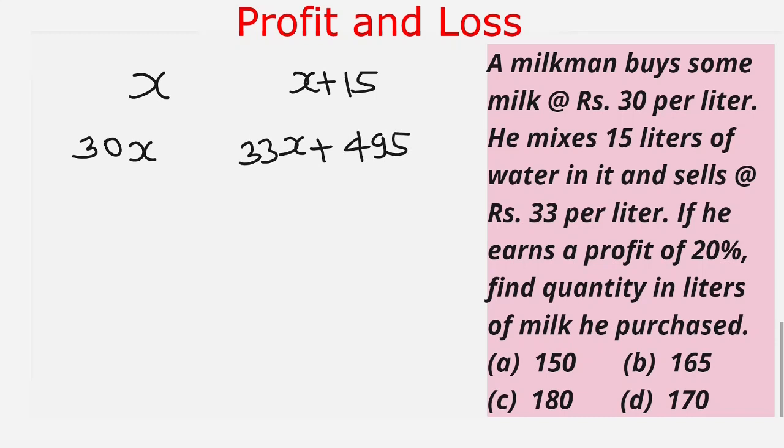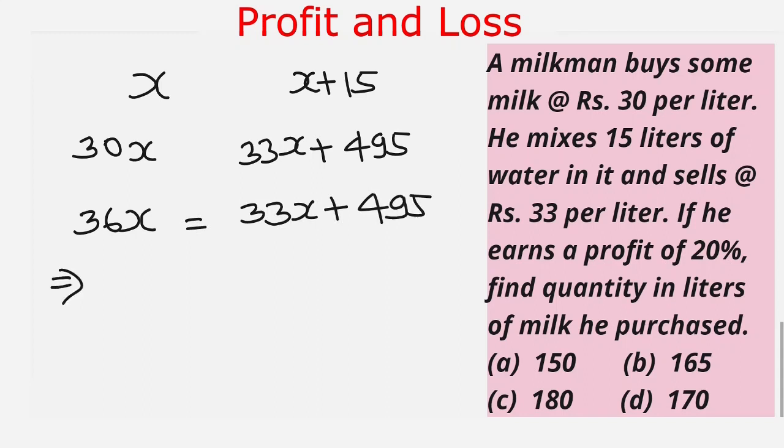Now it is given that he earns 20% profit in the entire deal. So if his cost price is 30x, then if we add 20% to it, 20% of 30 is 6. So it becomes 36x. Therefore, the selling price is 36x and this is equal to 33x plus 495.